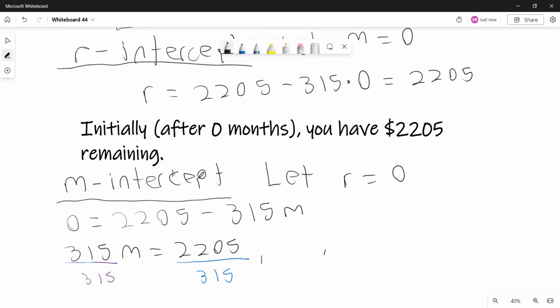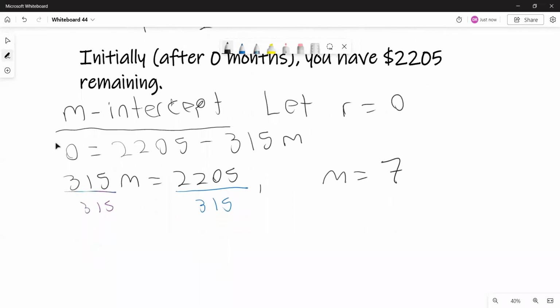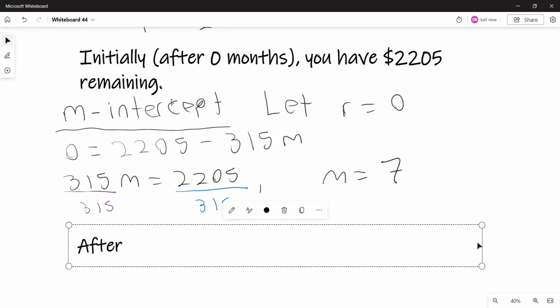So M is 2,205 divided by 315. That is equal to 7. This means that after 7 months, you have no money remaining, or you have spent all the cash. After 7 months, you will have spent all the money.